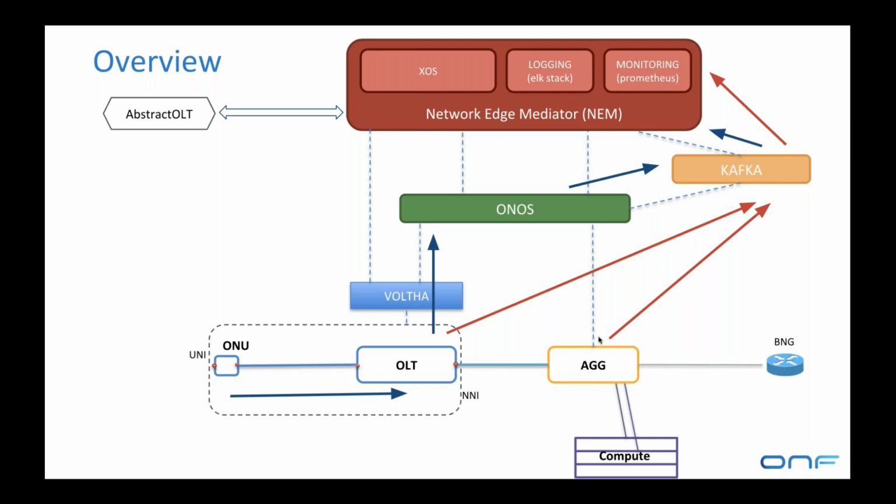In the ONOS case, the communication is via OpenFlow. We can fetch statistics from the device, and then ONOS publishes them on Kafka. Okay. There may be in Voltha different OLTs that use different adapters and different communication mechanisms between the OLT and Voltha.